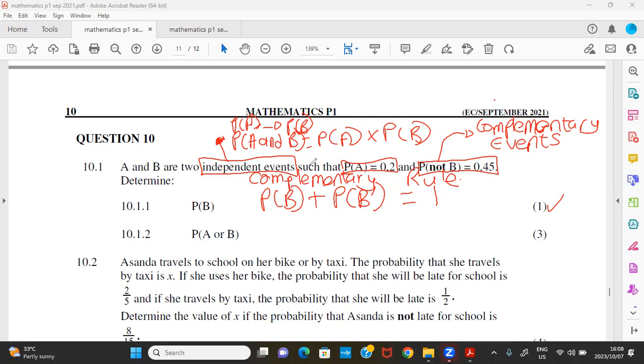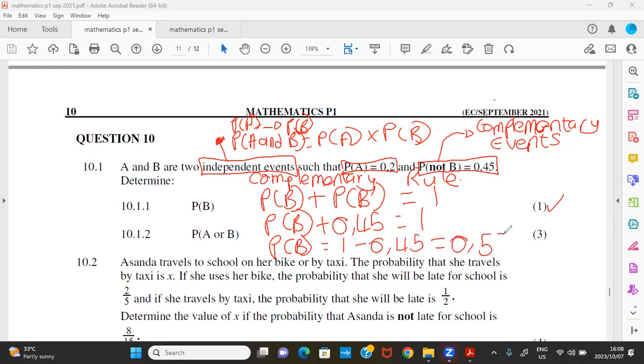So if we know that the probability of not B is 0.45, we will say the probability of B plus the probability of not B is equal to 1. Then to find the probability of B, we will have 1 minus 0.45, which will be 0.55.